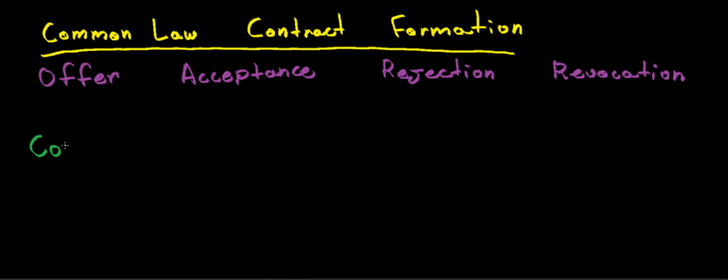So one of the issues that comes up with contract formation is how to deal with this thing called a counteroffer. And so that's what happened with Gresser and Hotzler, is Gresser essentially sent a counteroffer to Hotzler. And at common law, notice we don't have a bucket for counteroffers when we're talking about common law contract formation. So we only have these four buckets. A counteroffer does not fit neatly into any of these buckets.